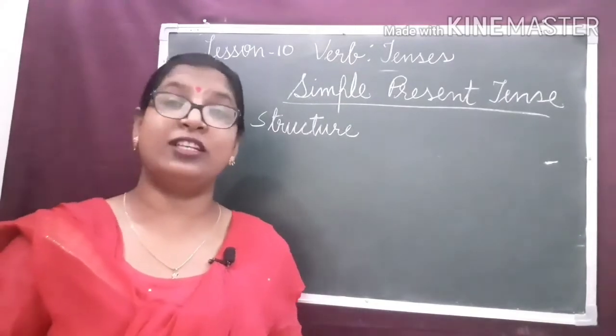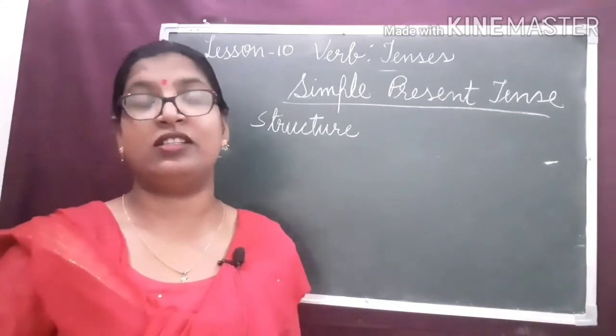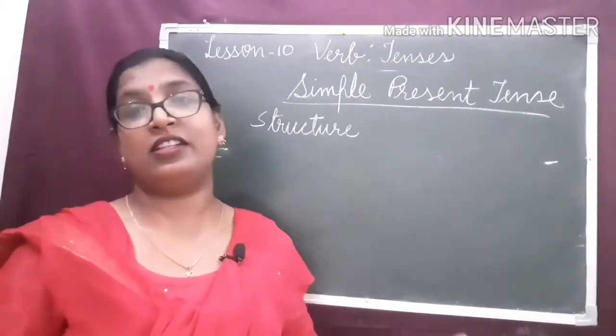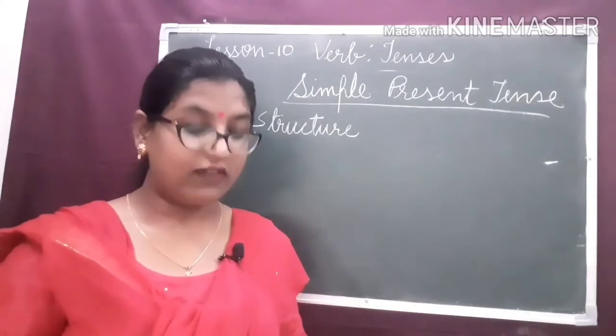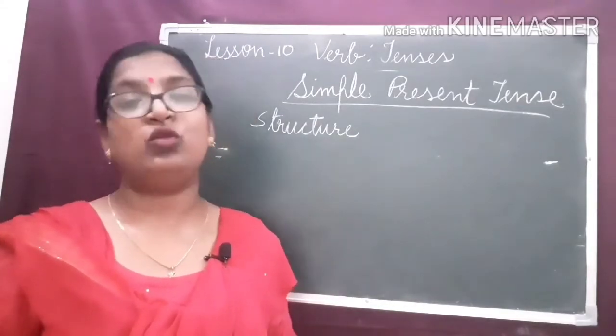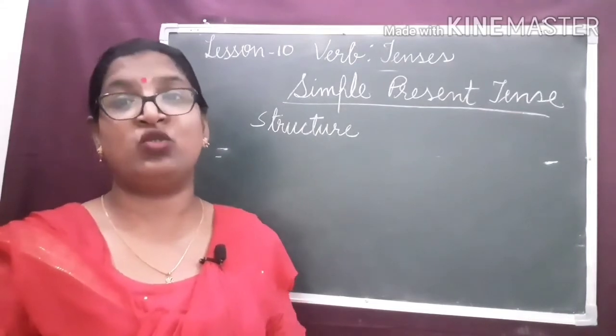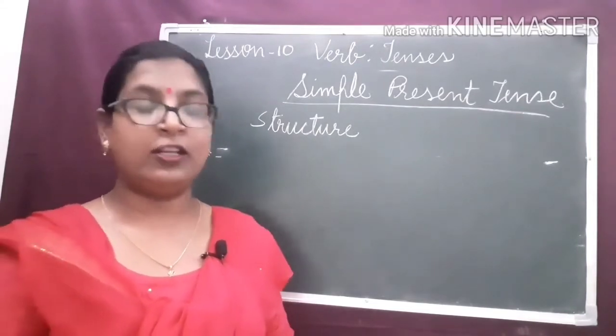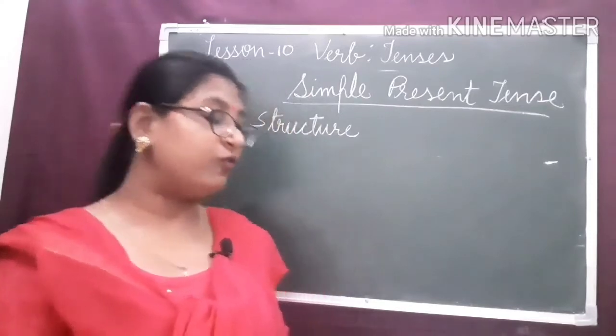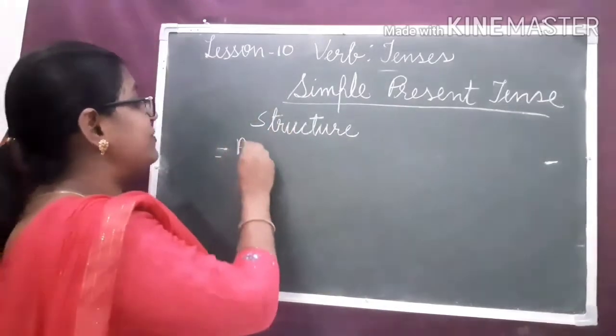We know the different types of sentences are affirmative sentence, negative sentence or interrogative sentence. How to frame the sentences in simple present tense? What is the structure of different sentences? First of all, we'll study about affirmative sentence.